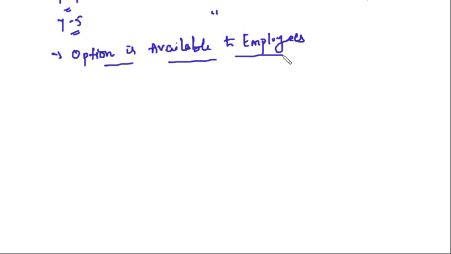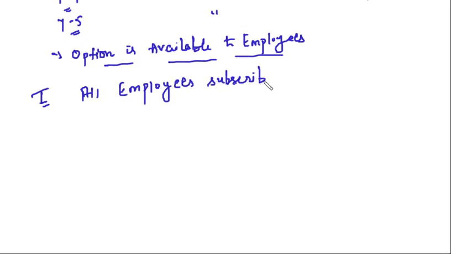Option is available to employees now. In this we have case 1, when all employees subscribe to shares. Now what will happen? What will be the entry?